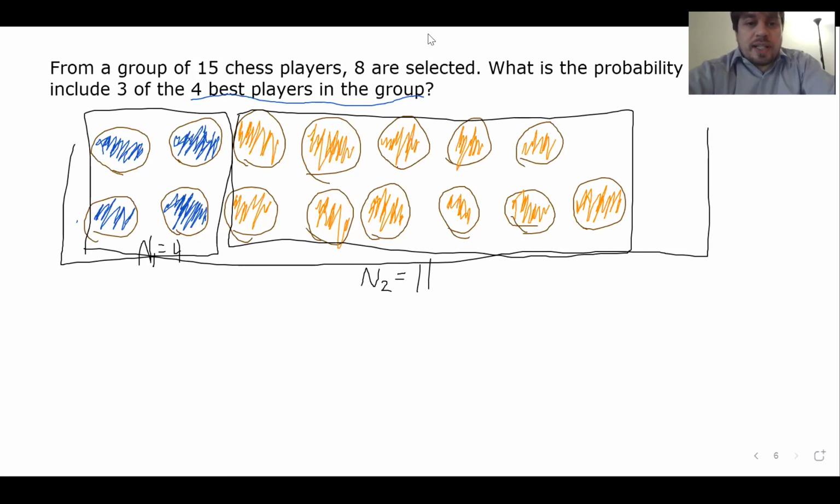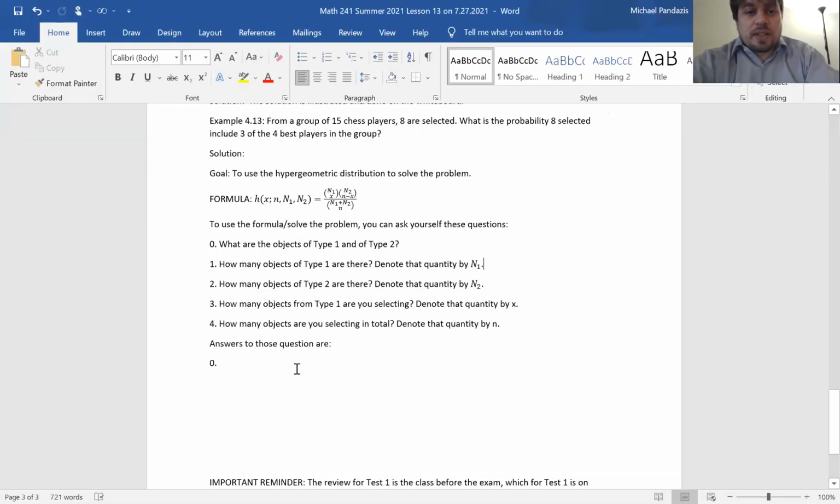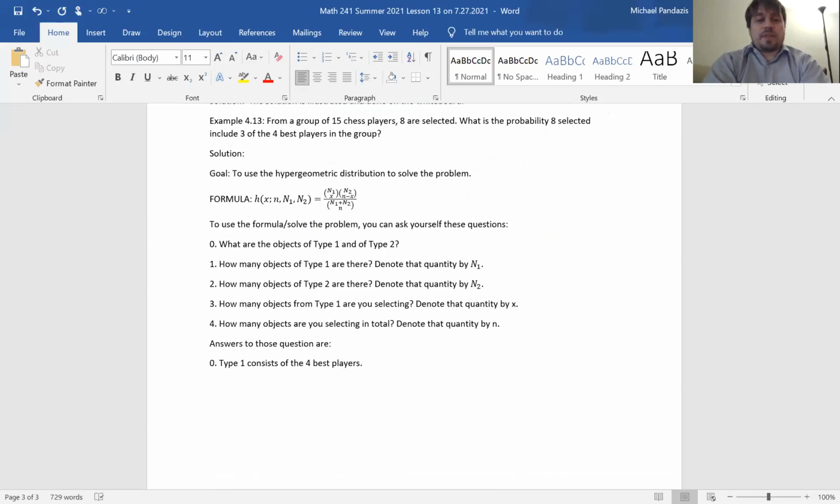Okay, so let me go back here. Type 1 consists of the 4 best players. Type 2 consists of the other 11 players that are not among the top 4.